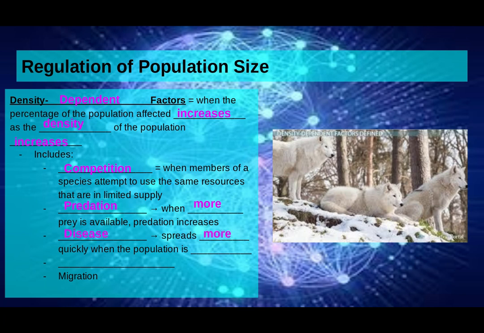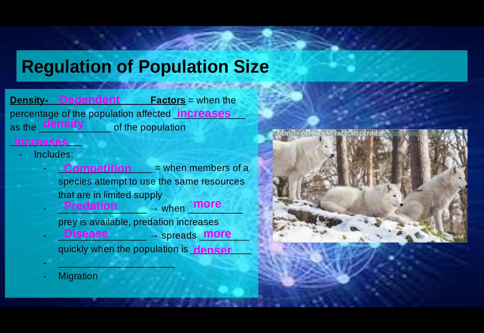Also disease. This is perfect for talking about COVID-19. It spreads more quickly when the population is denser. When people are closer together in large groups, intermingling with groups they don't normally mingle with, you see that disease able to spread a lot faster. This is also perfect when you think about who's been hit the hardest in some ways, because it tends to be those denser, more tightly packed cities where people live closer together and spend a lot of time maybe on public transportation or in public spaces together.